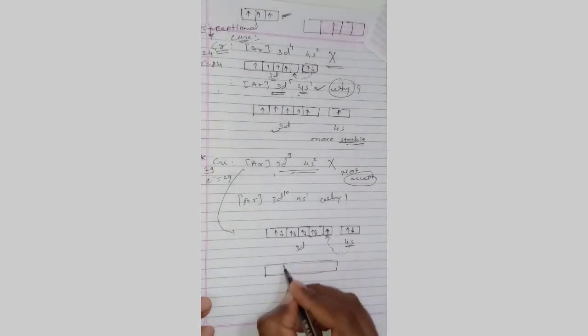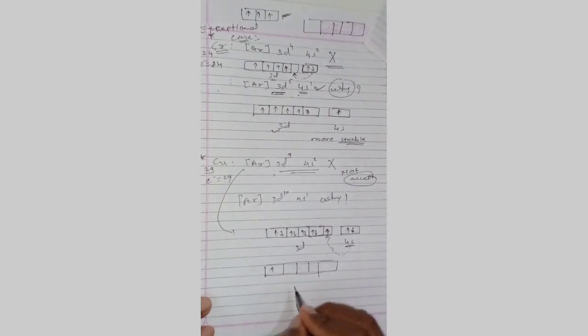Now the number of electrons here is 10, and 4s has 1.